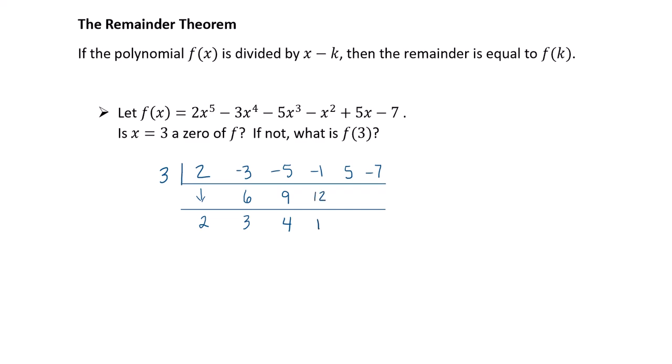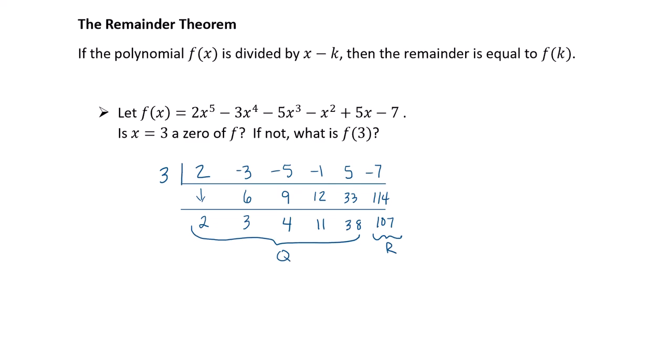Negative 1 and 12 is 11. 11 times 3 is 33. 33 and 5 is 38. 38 times 3 is 114. Negative 7 and 114 is 107. Okay, so I see here that I have a remainder of 107. Here are the coefficients of my quotient.